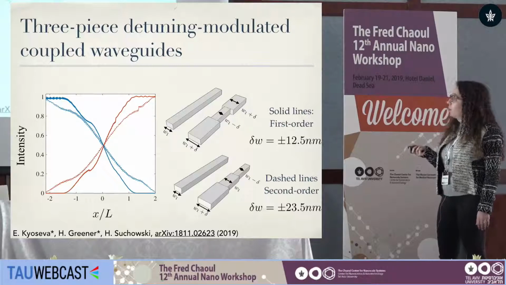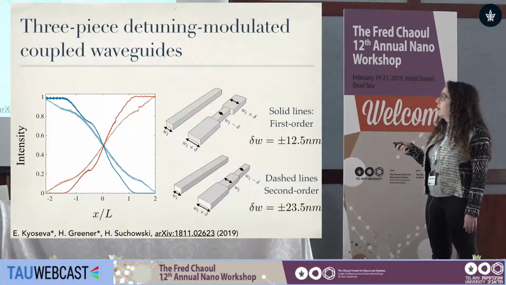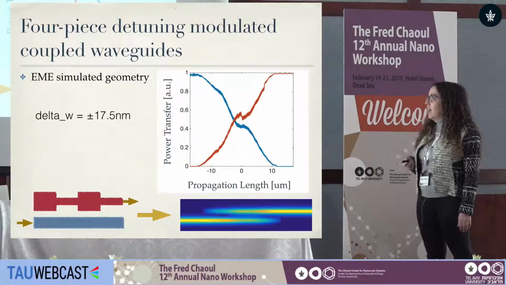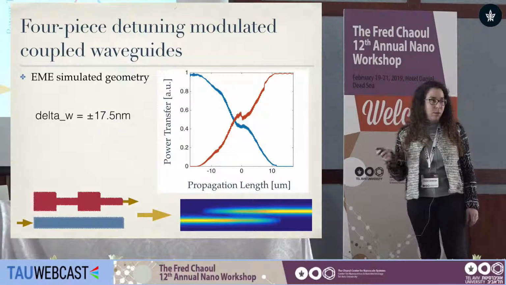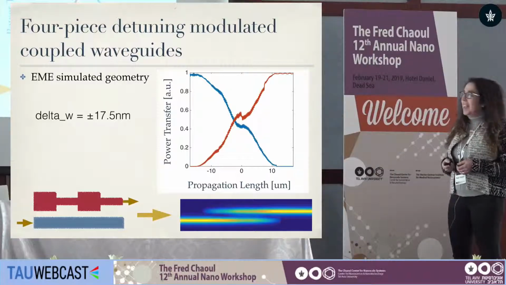I also performed calculations for 3-piece detuning modulated coupled waveguides. The upper part is a symmetric scheme, the lower part is an asymmetric scheme, and also for a 4-piece symmetric detuning modulated waveguides. I can go on and on about this forever, but I won't.